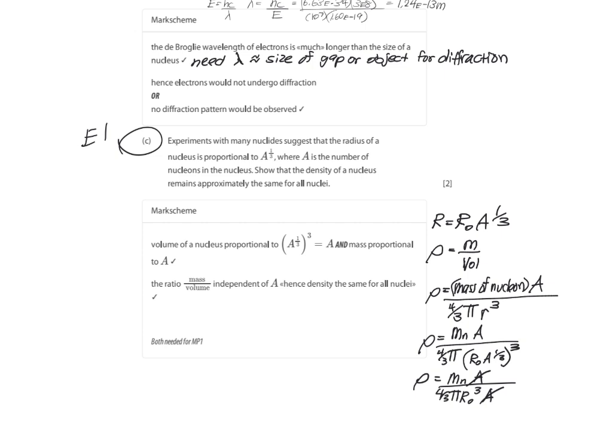So we know that density is mass over volume, and the mass of a nucleus is the mass of one nucleon times A, the number of nucleons in the nucleus, and the volume of a sphere, it's a spherical nucleus, is 4/3 pi r cubed, and if r is r naught A to the 1/3, then when you work it all out, A to the 1/3 raised to the third just becomes A. And so the nucleon count, the number of nucleons in the nucleus, cancels out. And so I don't care what your atomic number is, the density of the nucleus is going to be the same for all nuclei, because A cancels out.